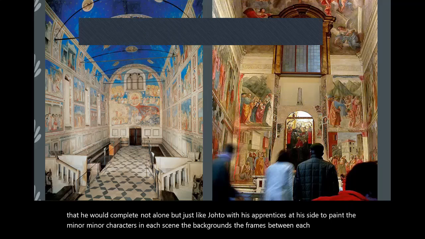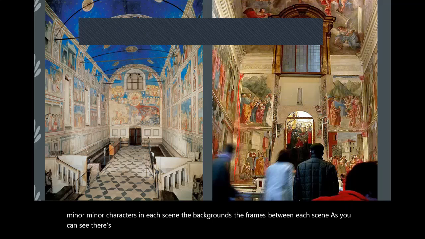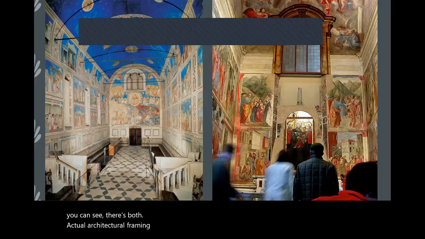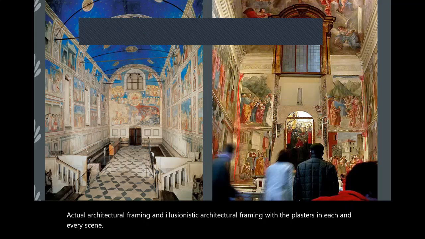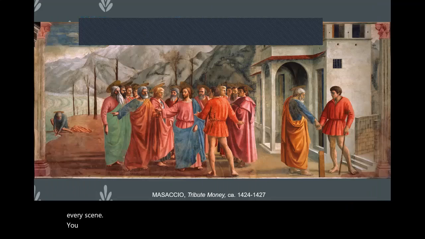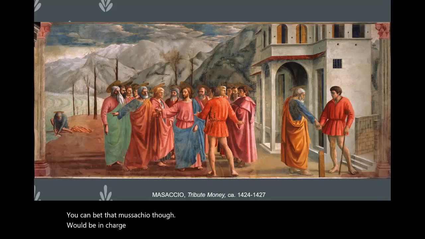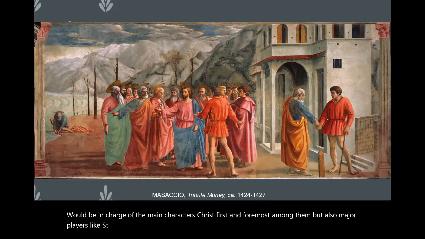As you can see, there's both actual architectural framing and illusionistic architectural framing with the pilasters in each and every scene. You can bet that Masaccio, though, would be in charge of the main characters, Christ first and foremost among them, but also major players like St. Peter, the kind of de facto head of the 12 disciples.